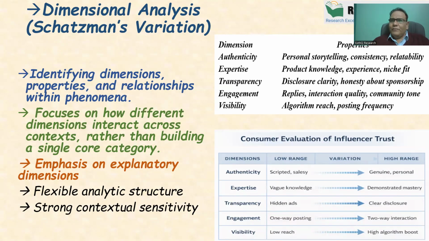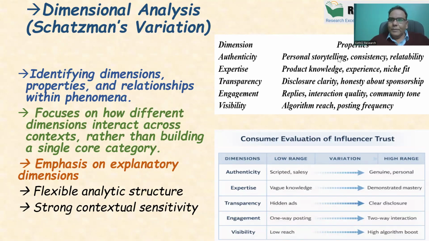This approach is also very, very common because many theories come from it, like the technology adoption model or the theory of planned behavior. Most of the theories come from this approach. In this approach, we try to make dimensions. Basically, themes are the dimensions.